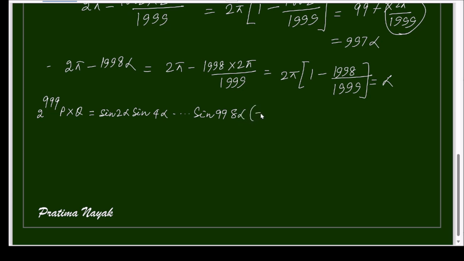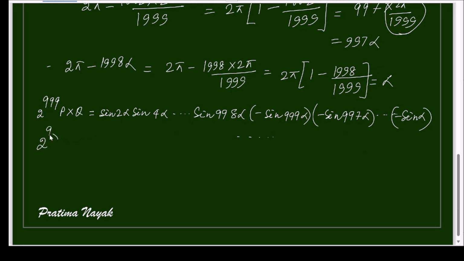Next is negative sine 999 alpha. Then your negative sine 997 alpha, next up to negative sine alpha. So how many terms are there here? Here are even number of terms, so it will be positive.